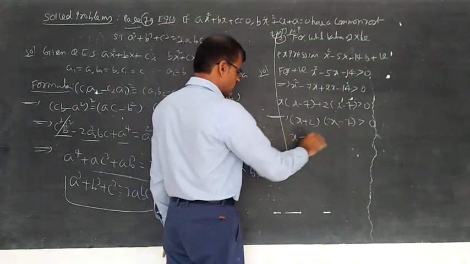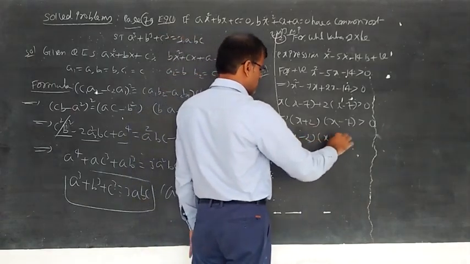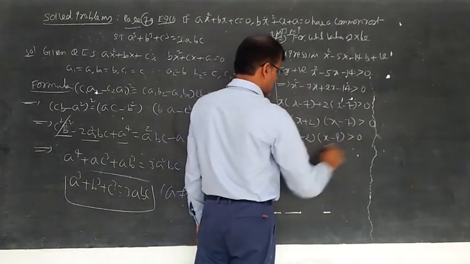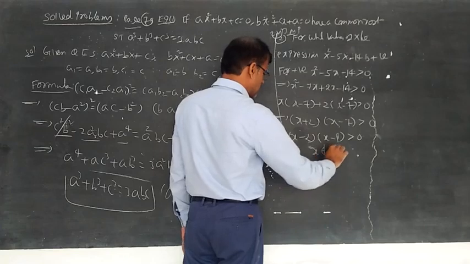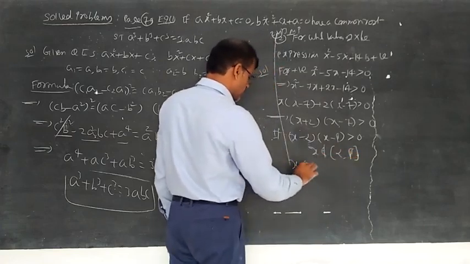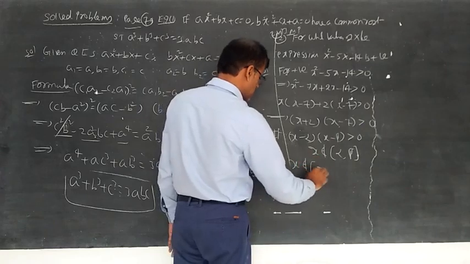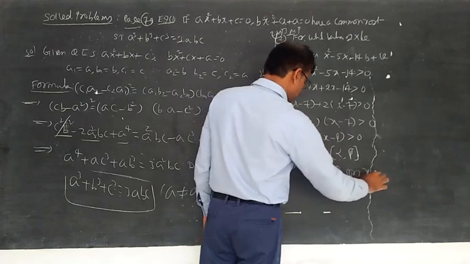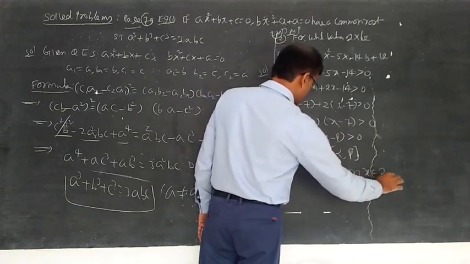Therefore, by the formula, if (x minus alpha)(x minus beta) is greater than 0, x does not belong to the closed interval alpha comma beta. Therefore, x does not belong to the closed interval minus 2 comma 7.